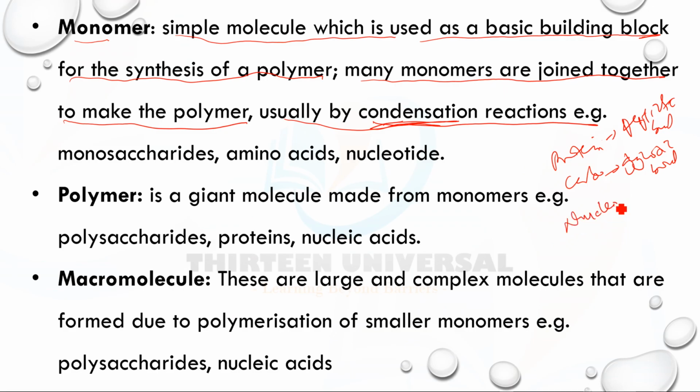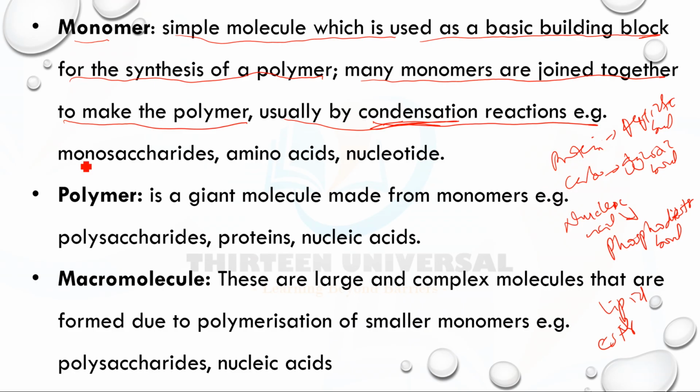The bond that joins the monomers there is called the phosphodiester bond. Now, if we're dealing with lipid, the bond that joins glycerol and fatty acid is called the ester bond. Don't forget, right? So let's go on.